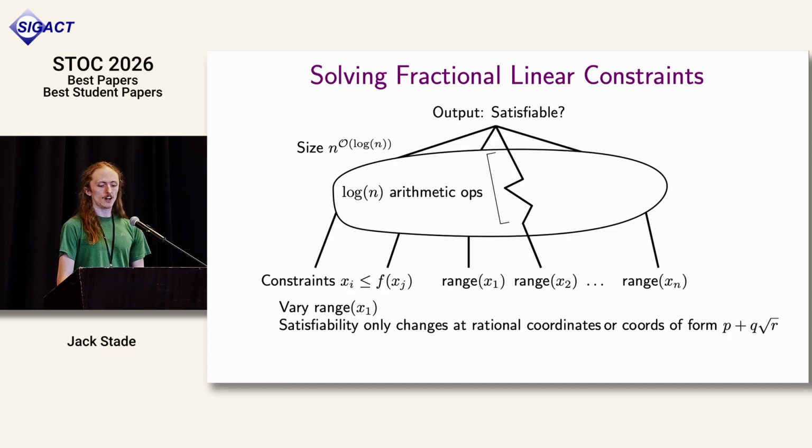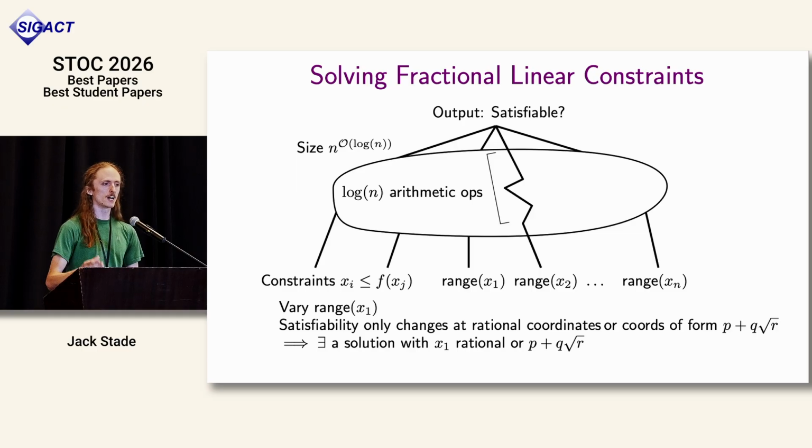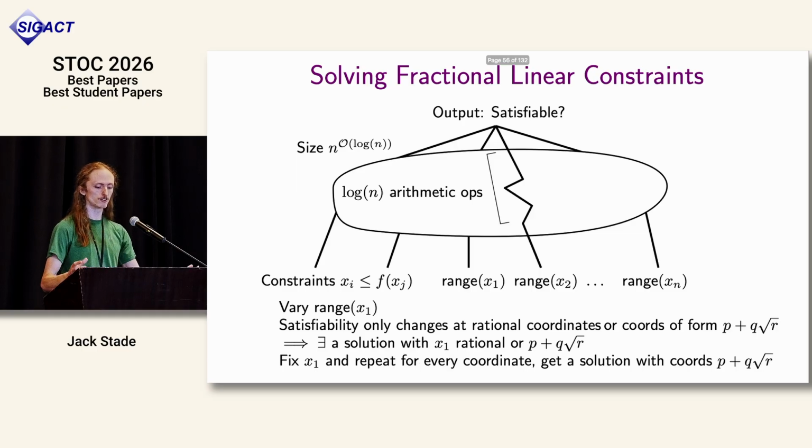So this means in particular that there has to be a solution where x1 has that form. And so then I can fix x1 and repeat for all of the other variables. So this is called quantifier elimination. And I repeat this, and I'll find that I get an entire solution where all the variables have this form of p plus q times square root r.